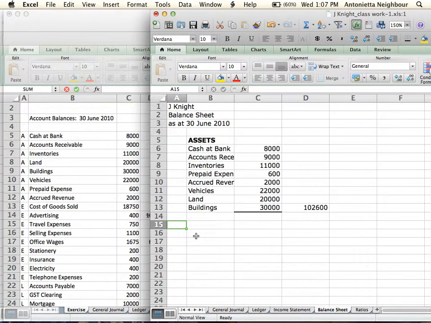Now, the balance sheet is basically a representation of the accounting equation, and in this case, it's A take L equals owner's equity. So leave a line blank and key in less, and we're going to head up liabilities.